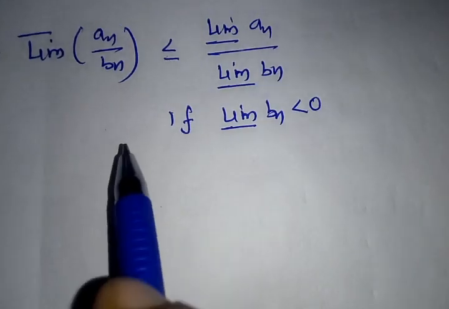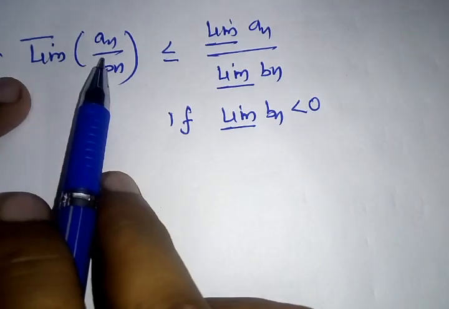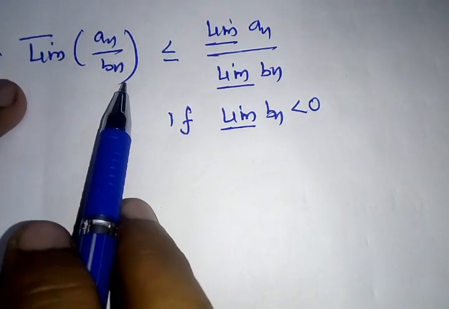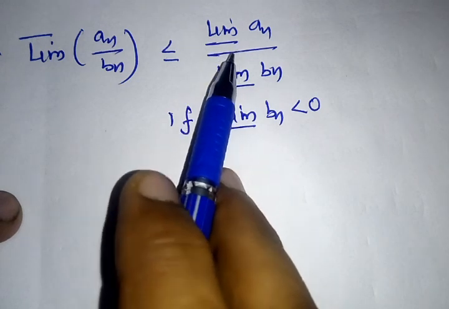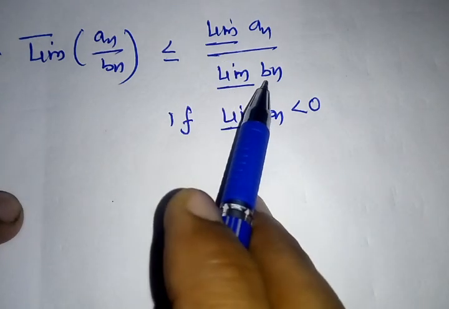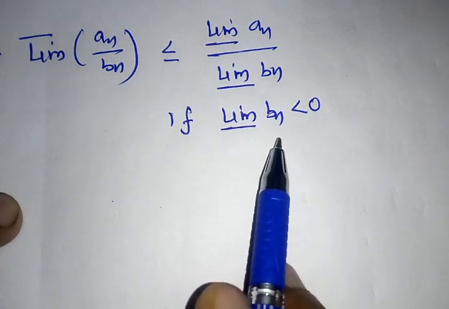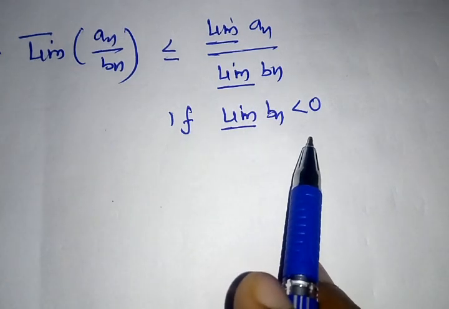Next property, limit superior an upon bn is less than or equal to limit inferior an upon limit inferior bn if limit inferior bn is less than 0.